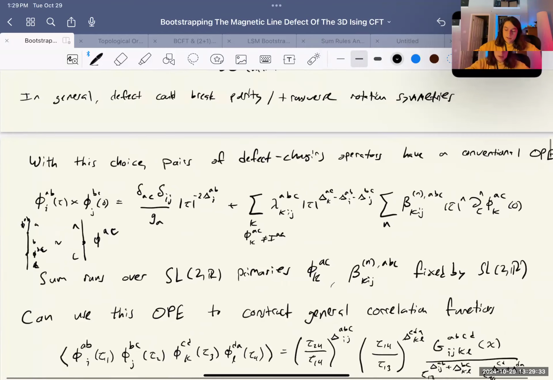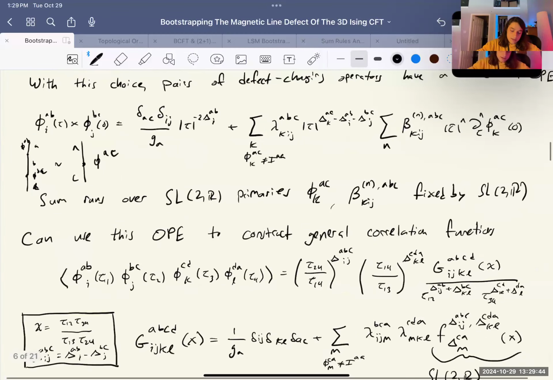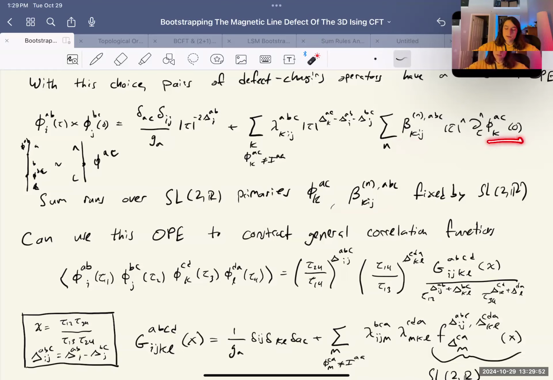So we can write down a pretty standard looking OPE for these defect operators in the limit where the defect is kept perfectly straight, and the usual constraints on OPE coefficients of the descendants of these different defect SL2R primaries.